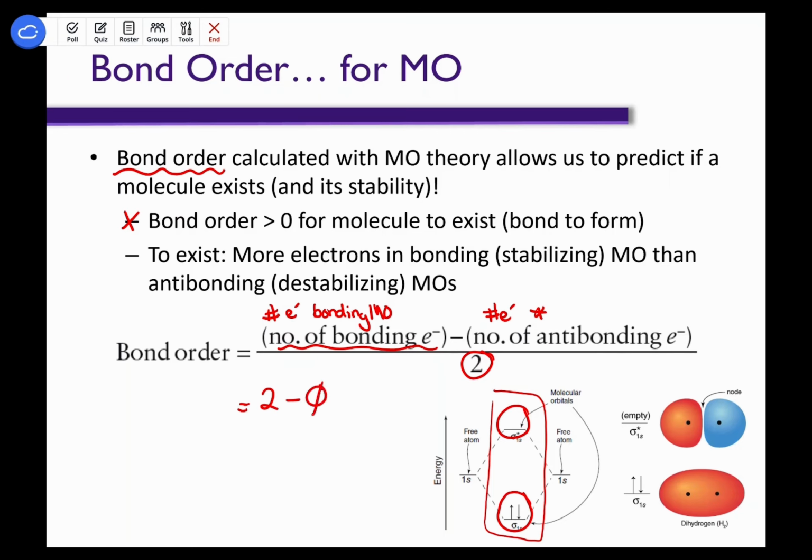We didn't put any electrons up there. And we divide by 2 because 2 electrons makes 1 bond, or 1 bond order. 2 divided by 2 is 1, and this matches our understanding of dihydrogen. If we drew out the Lewis structure for hydrogen, that's what we would draw, and it's the same prediction that we get from molecular orbital theory, which is great.